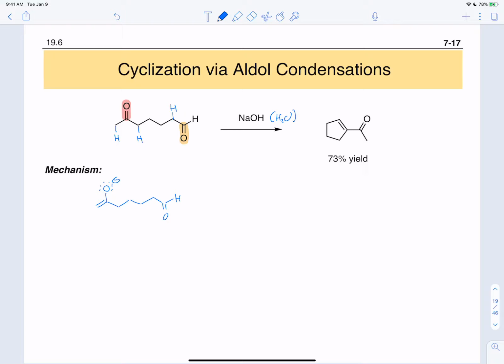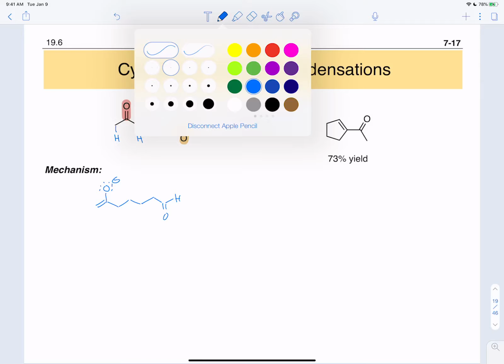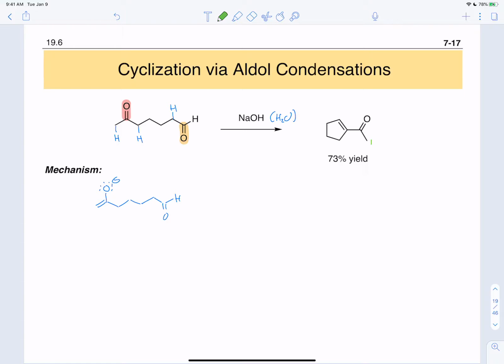So if we look and try to number the product, this will give us some information about how this molecule had to cyclize. Oops, I skipped a number. We're going to call this one 3. This will be 4, 5, 6, and 7. And if we label these, we see that the methyl group next to the ketone is 1.